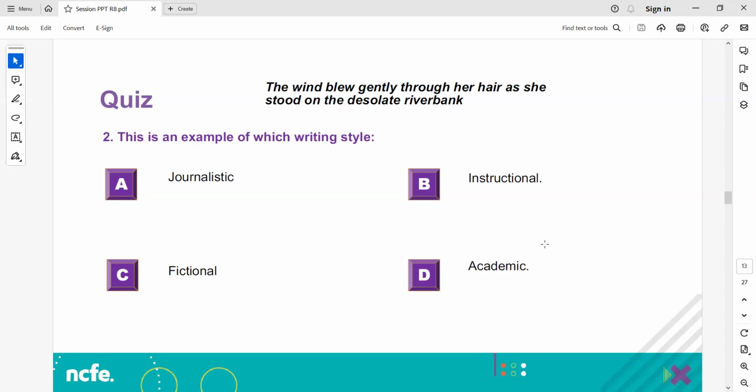No name is given. Yes, there's no description of whom. Excellent. It's the wind blew, the wind blew gently. So the descriptive language here tells us it's fictional.